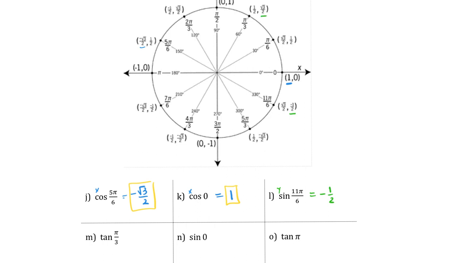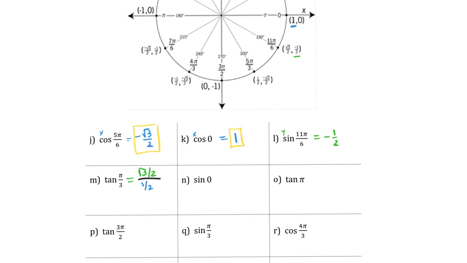At pi over 3, the y is √3 over 2 divided by, what's the x? 1/2. Oh, that looks tricky, huh? They both have the over 2, so the over 2's cancel. So then I have √3 over 1. √3 divided by 1, just √3.